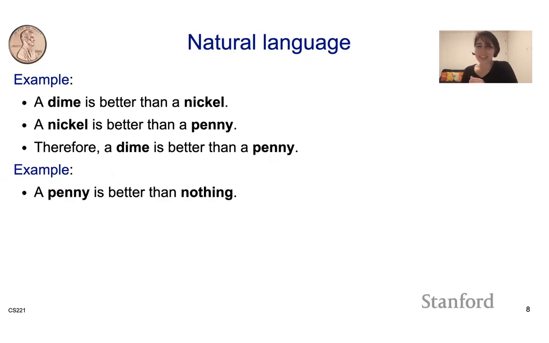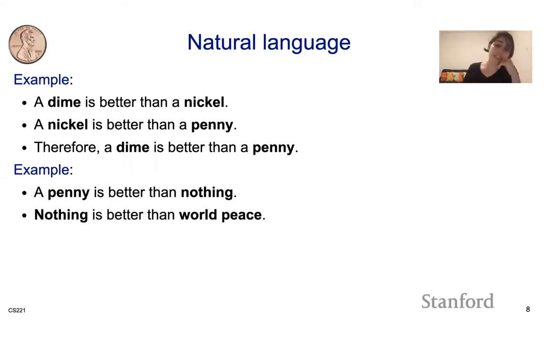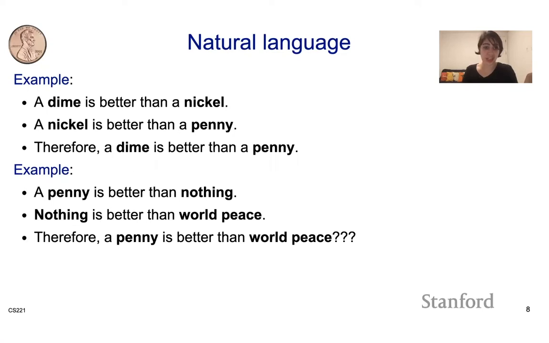I can start with something that says a penny is better than nothing. That's okay. And then I might have another statement that just says nothing is better than world peace, and that's perfectly fine. Putting these two together, I can come up with a logical statement based on what I've seen, that a penny is better than world peace, which sounds a little bit weird and not correct and not the thing that I actually wanted.